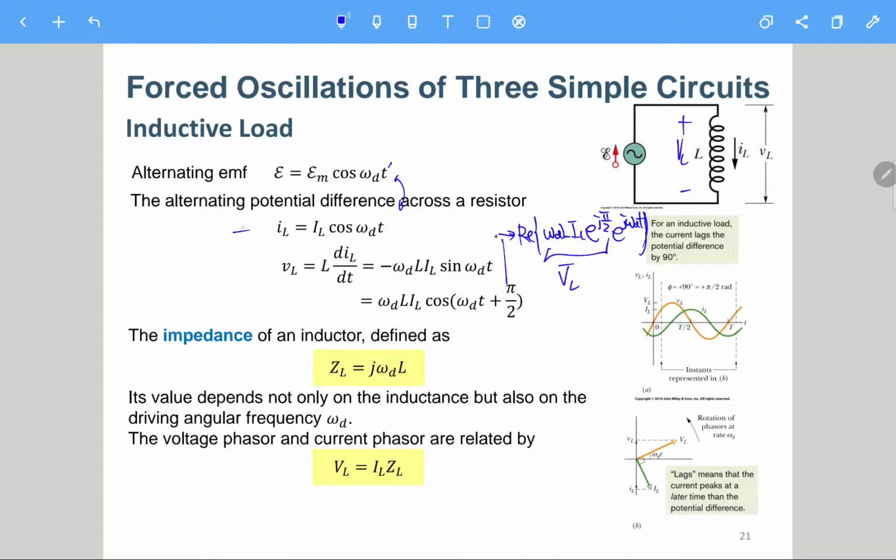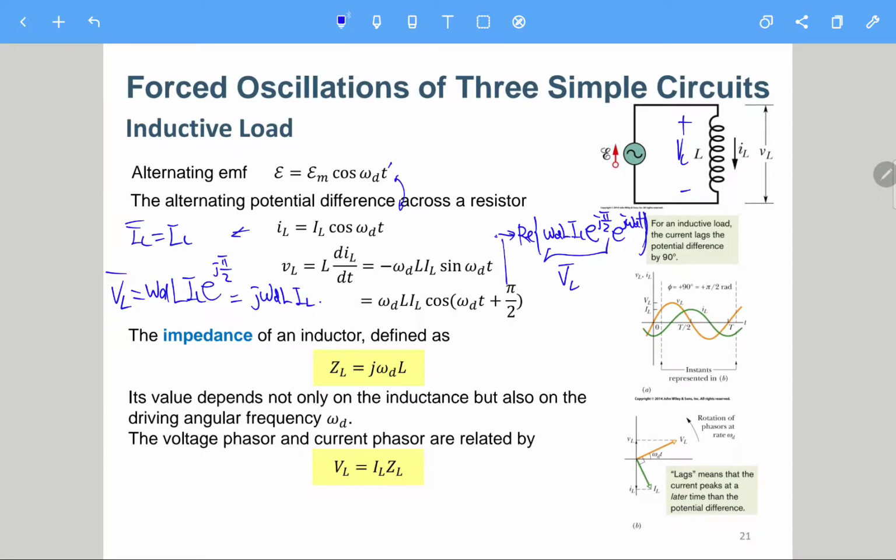So in this case, we have the phasor IL to be IL, and then the phasor VL will be omega d L IL and then exponential to j pi over 2, which is j omega d L IL.